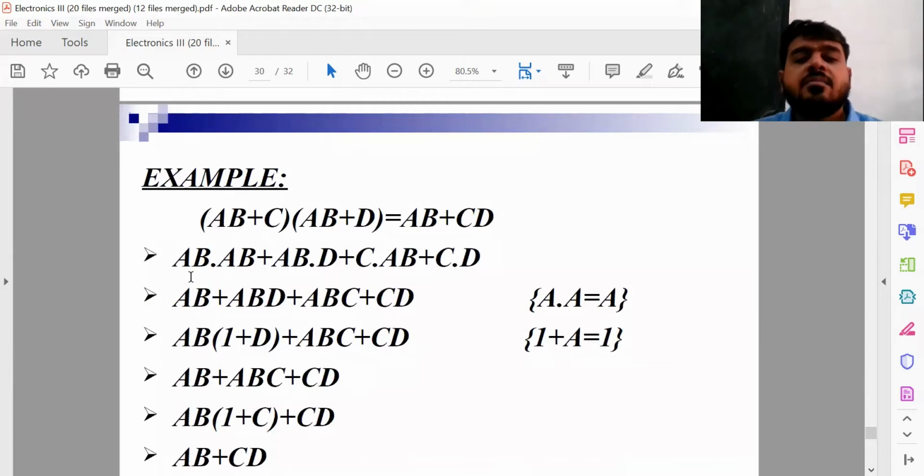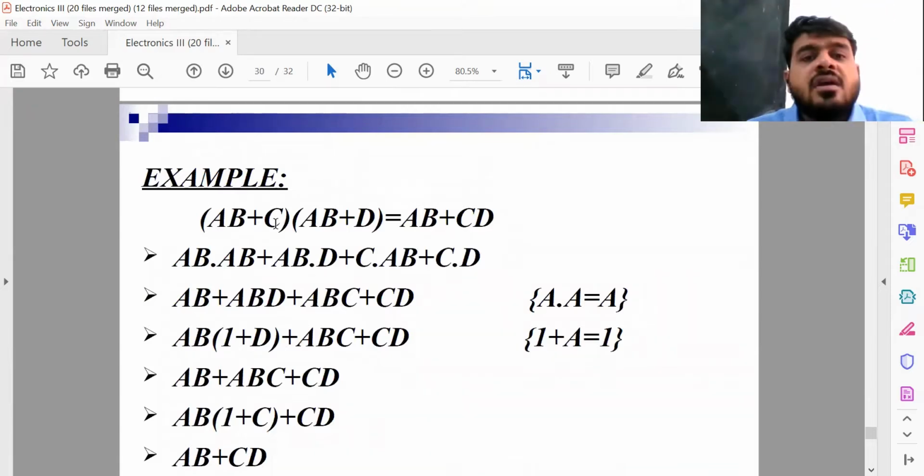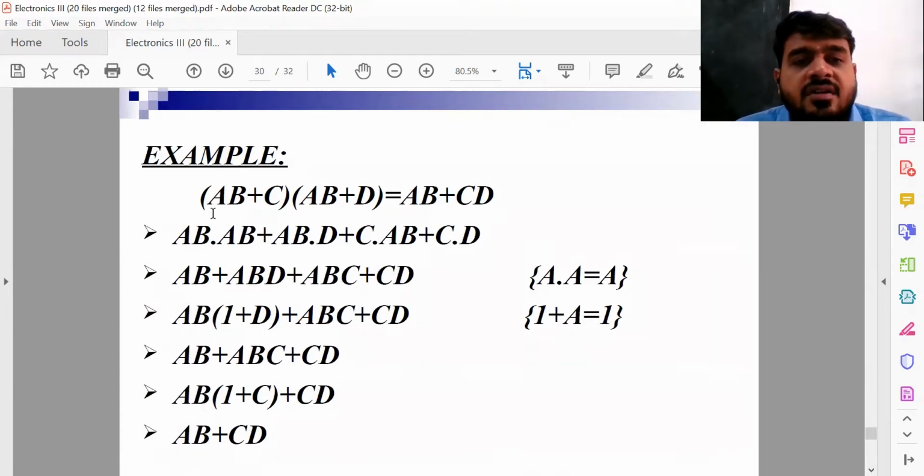So just take an example. If you have (AB plus C) dot (AB plus D) is equal to AB plus CD, you have to prove this law. How will it be? Just break the brackets. So AB dot AB, then AB dot D, then plus C dot AB plus C dot D. Now AB dot AB is AB.